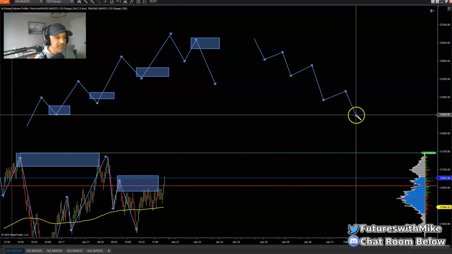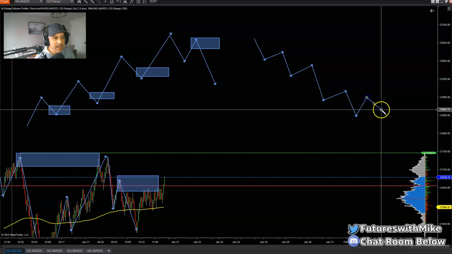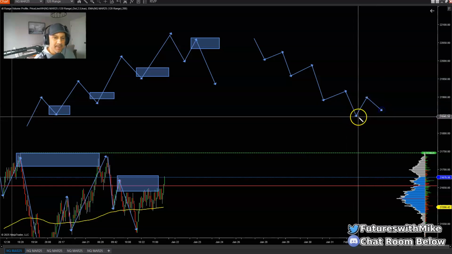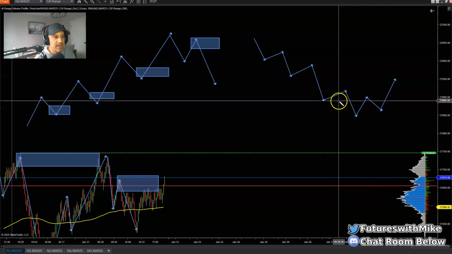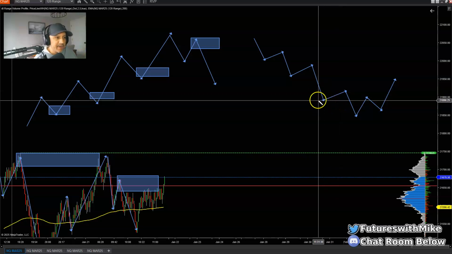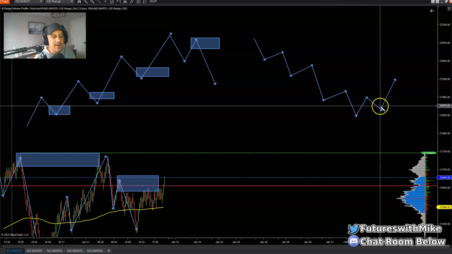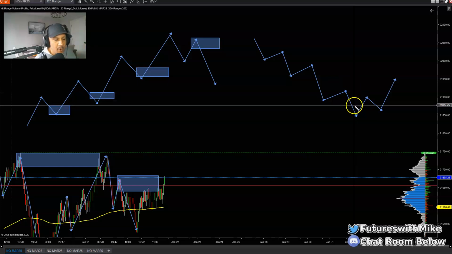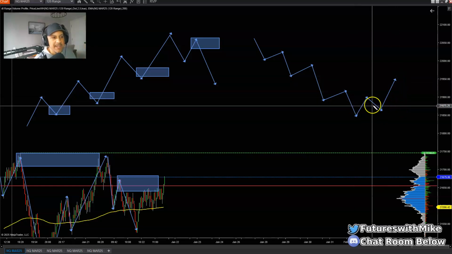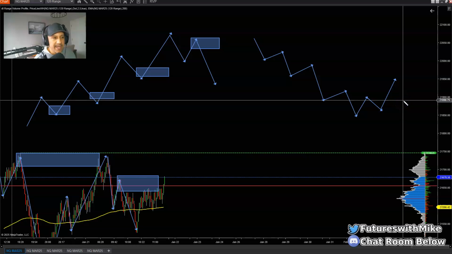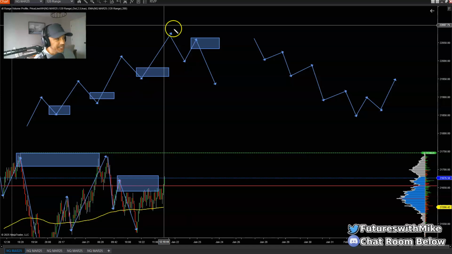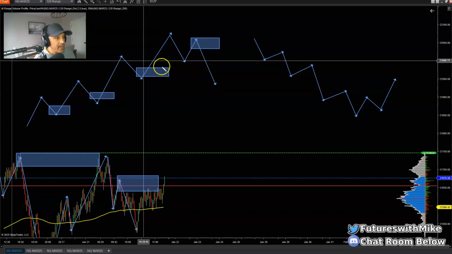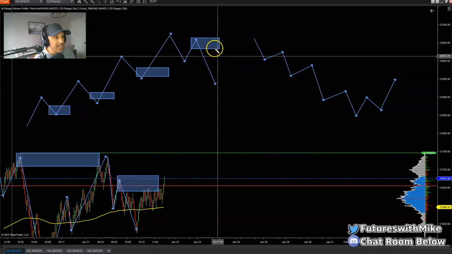Now, if we get that move back to the upside where it makes a high, higher low, doesn't take out the most recent low, and then breaks structure, meaning first area of structure here, second area of structure, this would be your reversal right here. This is an inverted left shoulder, head, and inverted right shoulder pattern for a trend reversal back to the upside. Then you'll look for a pullback to a key area of demand to go long. Just like over here: bullish, bearish, trend reversal, pullback, supply, go short.